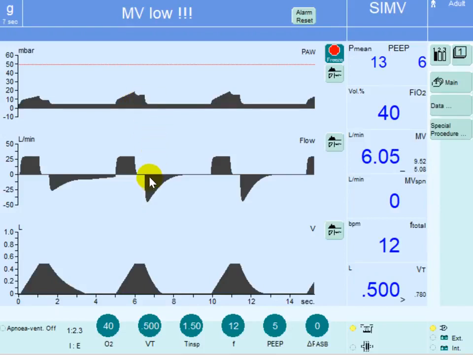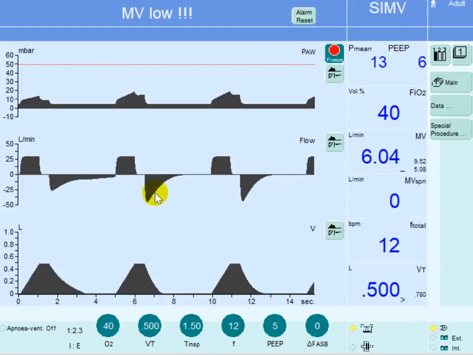Now, if you take a look at the expiratory phase, what you will see is the peak expiratory flow is increased compared to the previous breath, and it requires less time to exhale, indicating that the time constant for this patient, which is the time required to exhale 2/3 of the air in a single breath, and it's calculated by the formula of resistance multiplied by the compliance.